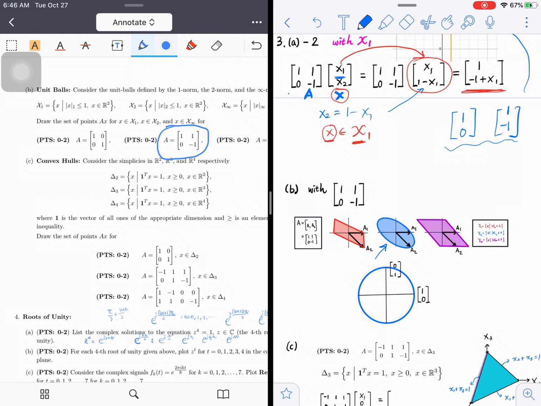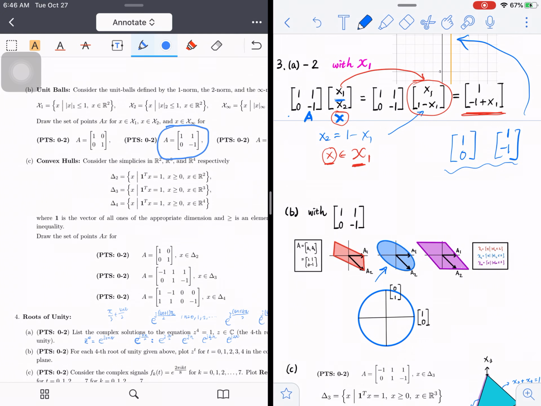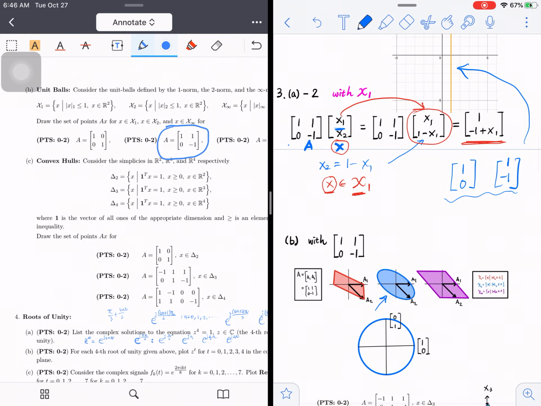Before doing this problem, let us review what we do in A. The trick for doing problem A is that we utilize the property of being in set chi1 or chi2, and then I replace x2 by 1 minus x1, which is the property of the set. So this is the trick for A.